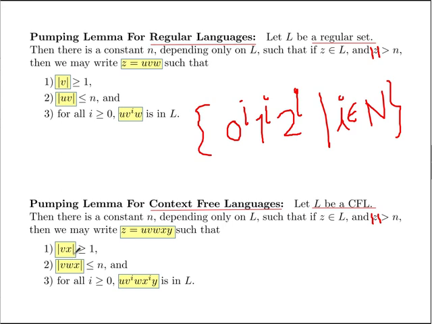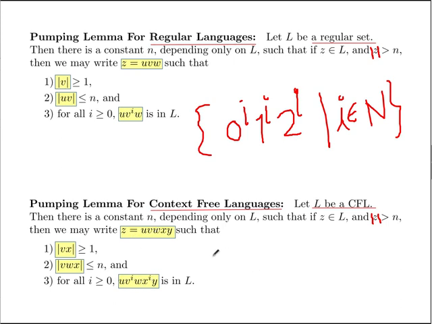Now these two conditions look very similar to the regular case, and the pumping looks like this. Here we were pumping the middle part, but here the pumping happens in two places.